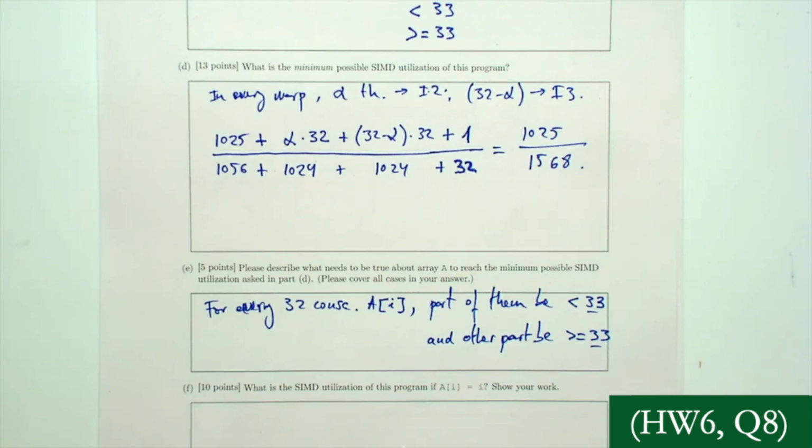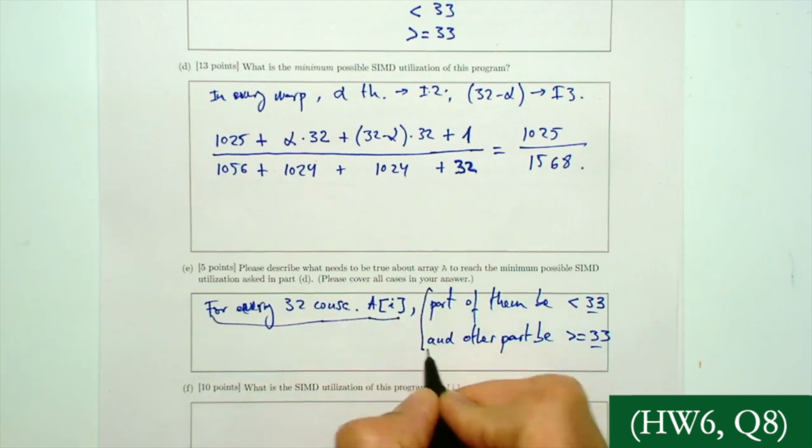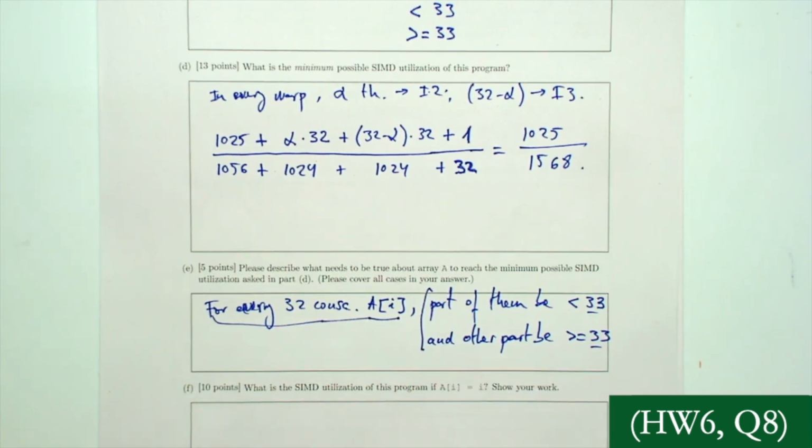For every 32 consecutive elements, such that we make sure that we have divergence within each warp.